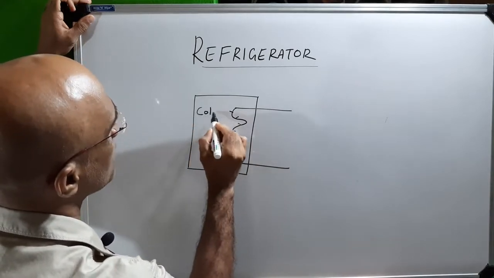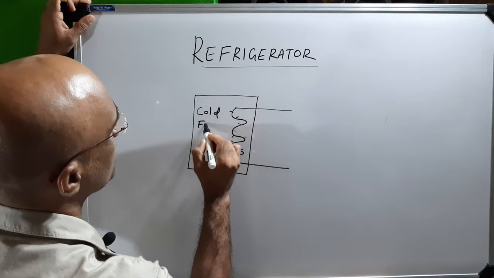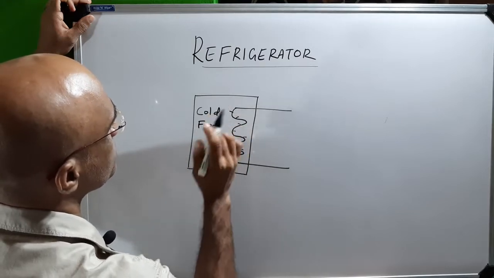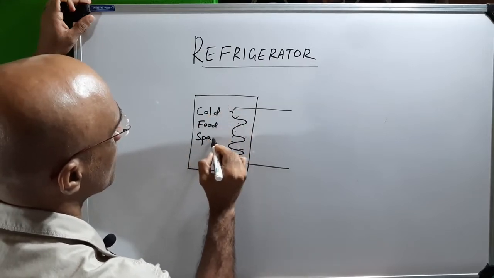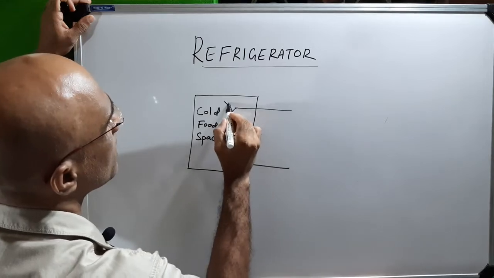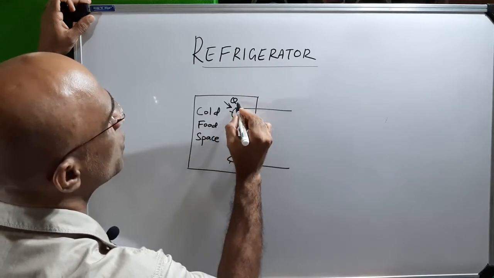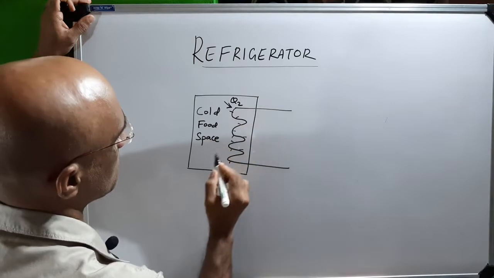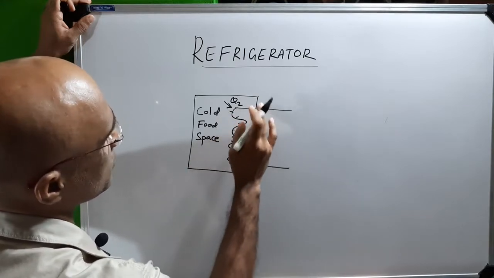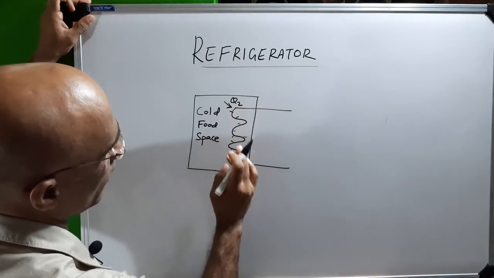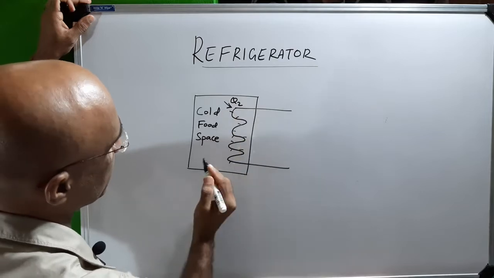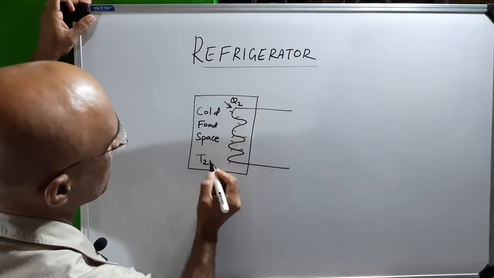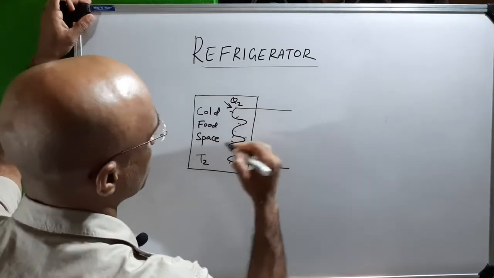This is the cold, we call it the food space. I told you a heat Q2 is absorbed by the refrigerant that is present in the evaporator coil upon which these fins are present, and the cold food space is at temperature T2.